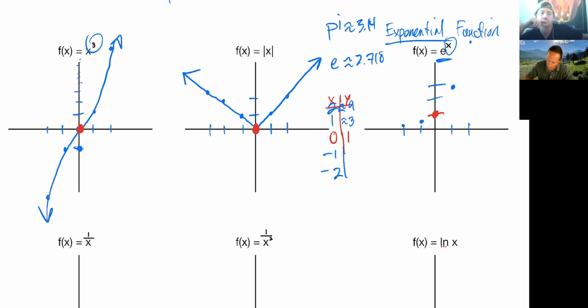What's going to happen when I put in -100? I'd have 1/e to the 100th, which is what? Super small, right? But is it ever going to reach 0? No. Very good.